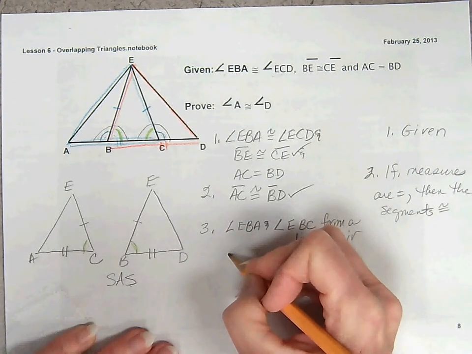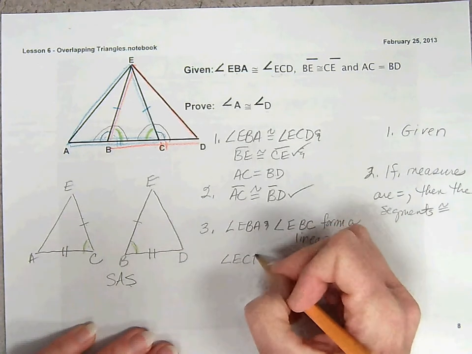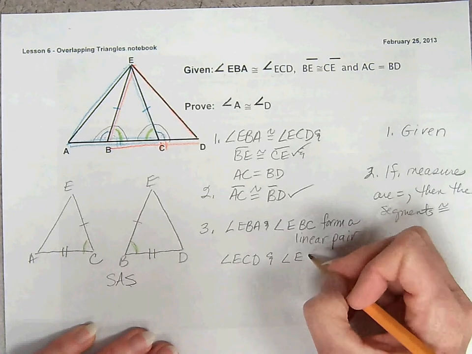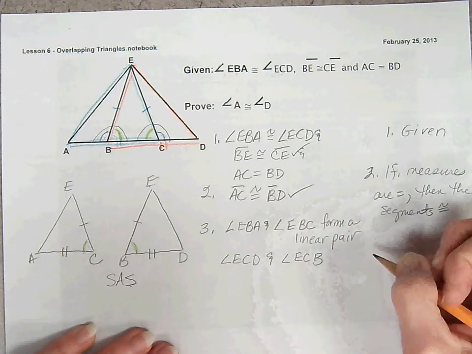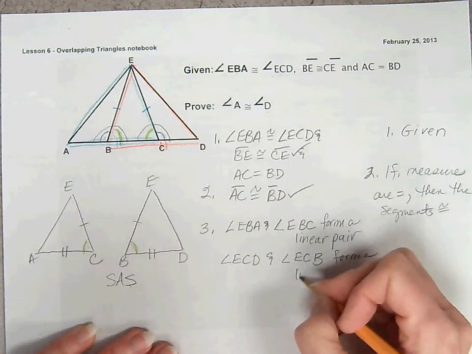In addition, in the same statement, we can say that angle ECD and angle ECB also form a linear pair.